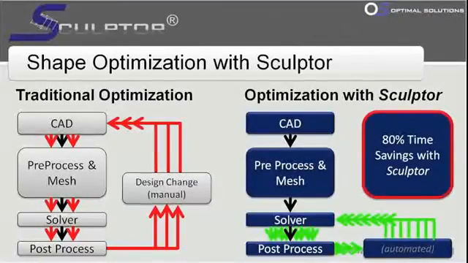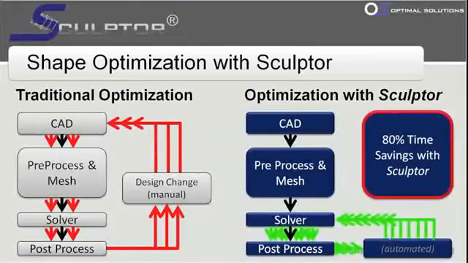Traditional optimization with CAD in the loop requires you to automate the remeshing process, and even with the best of tools, that can still take time and need user input. But going to the solver post-processing and then going back to CAD, that can take a lot of time that could be better spent looking into your optimal design space if you could automate that shape change outside of the CAD loop.